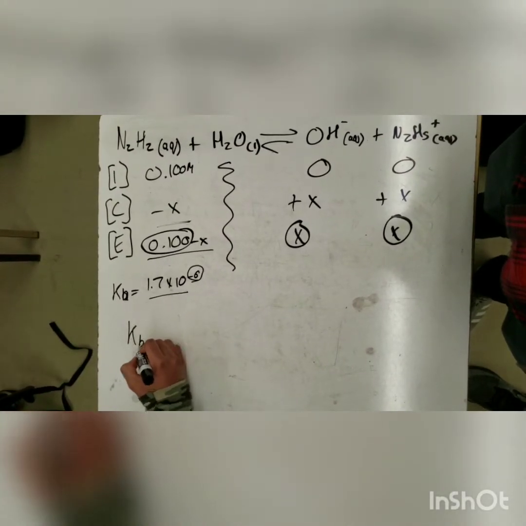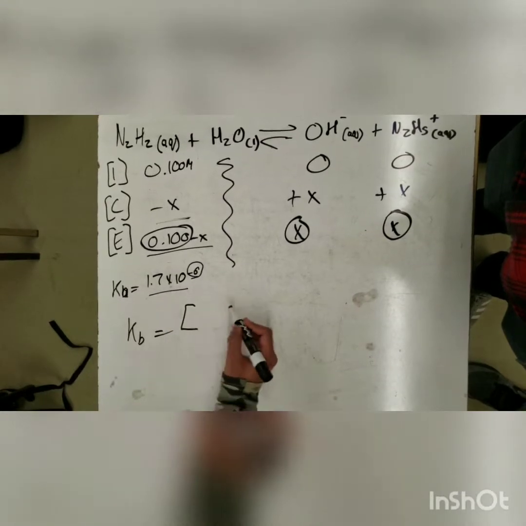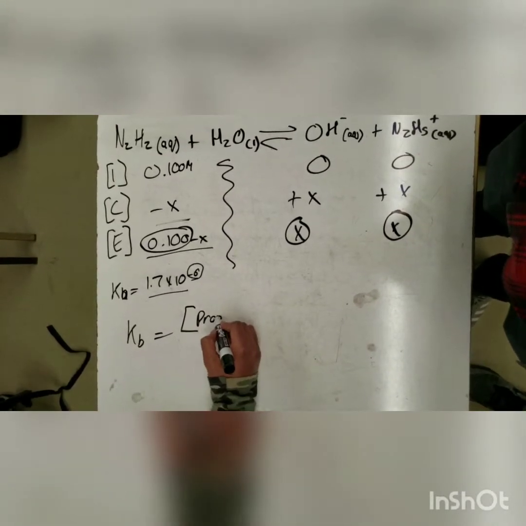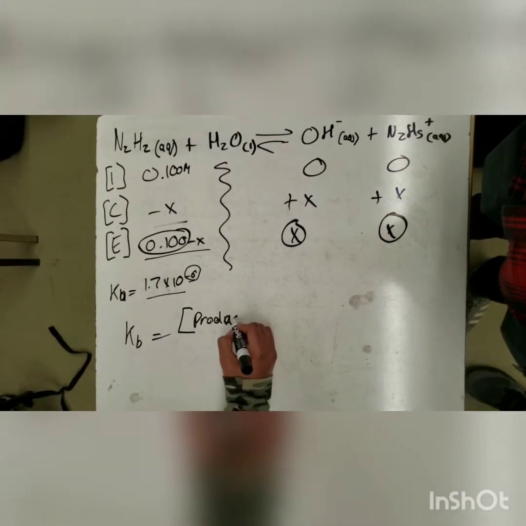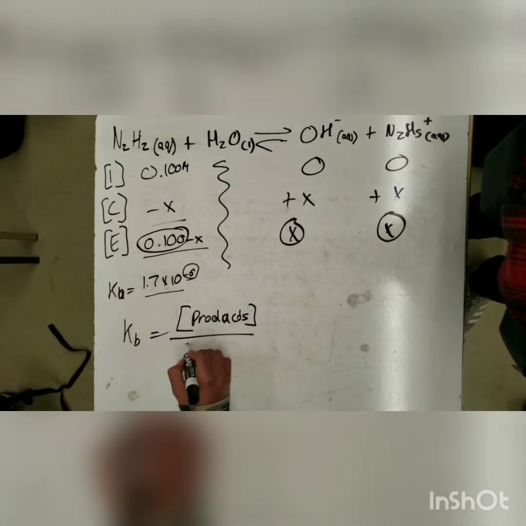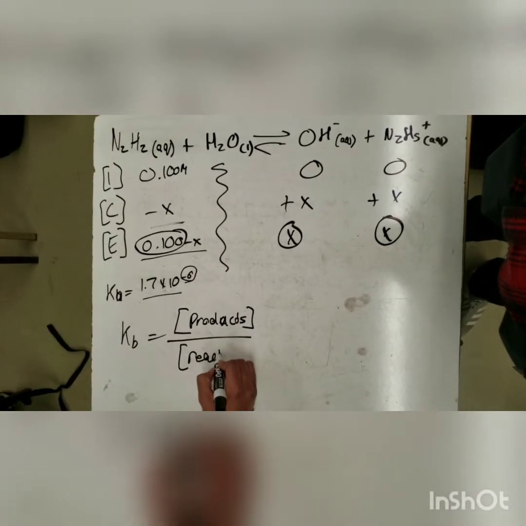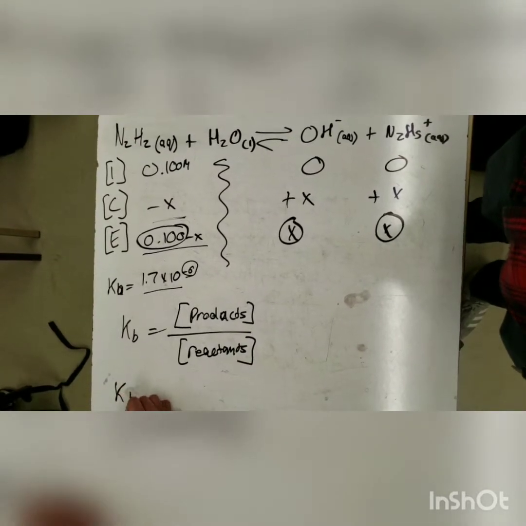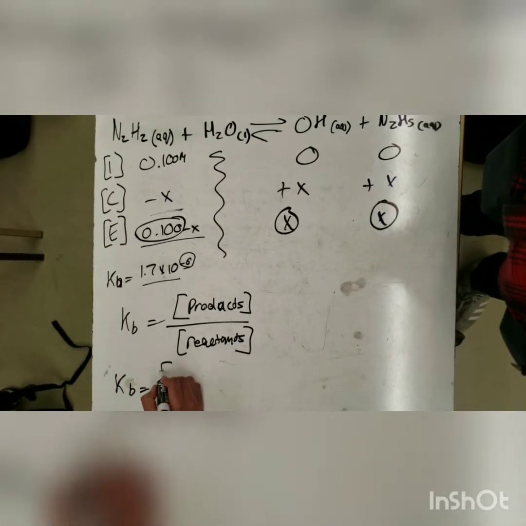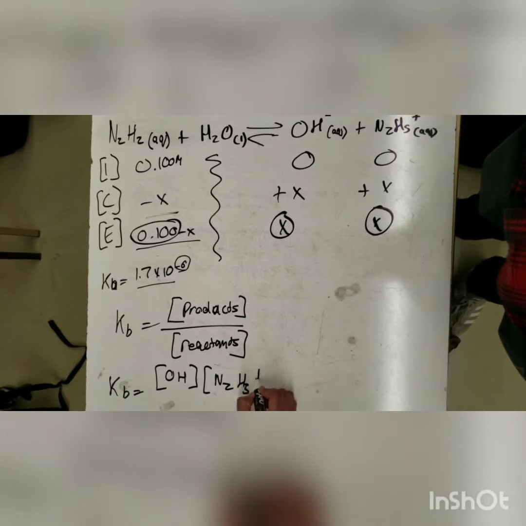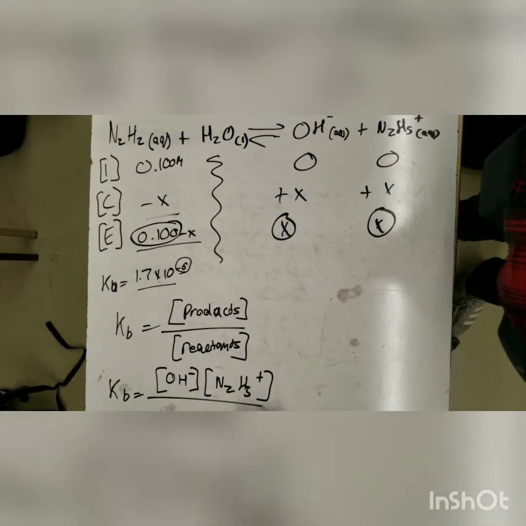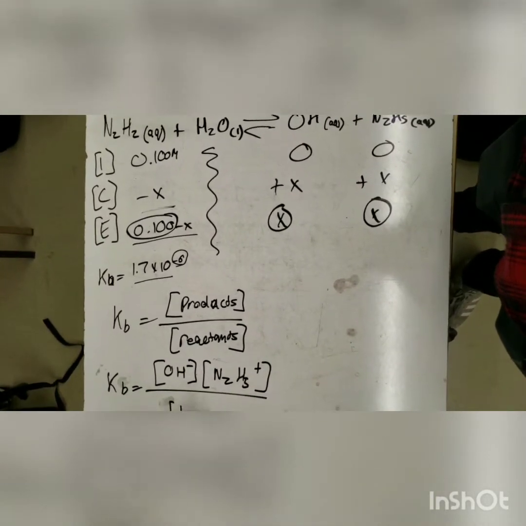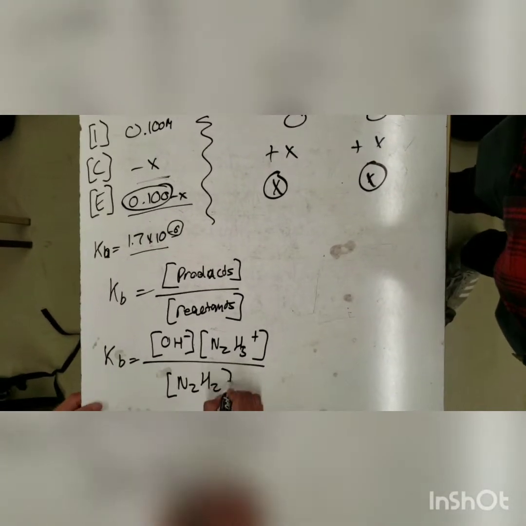So we know that Kb equals products over reactants, so concentration of products over the concentration of reactants. In this case, we have the concentration of the OH minus, the concentration of N2H5 plus, and then we have the N2H4.